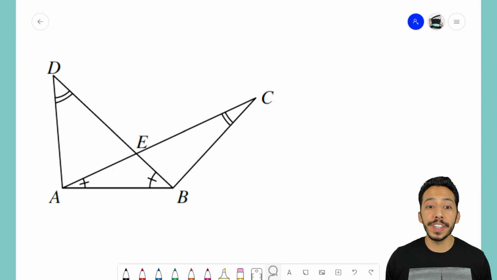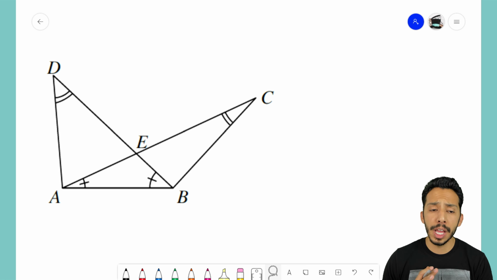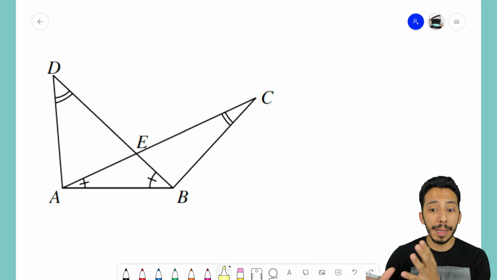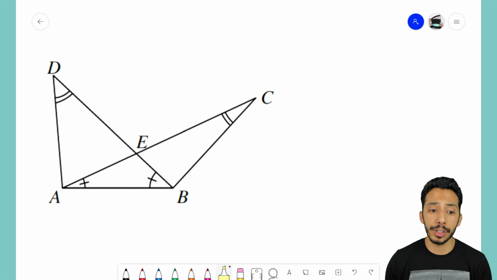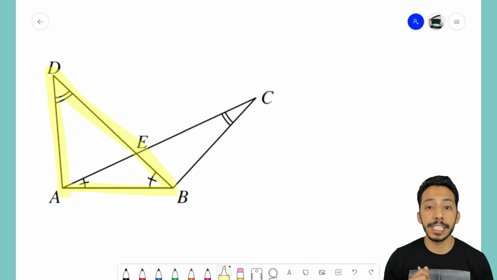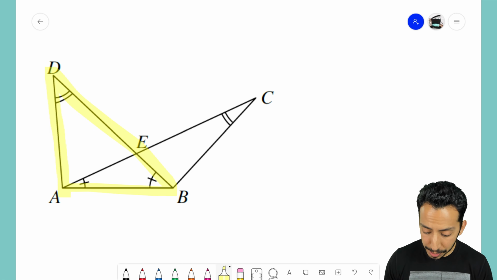So let's jump right into this video where I have two triangles sort of overlapped on each other, and we want to prove that they're congruent. Now first we've got to identify what those two triangles are, because it might be hard for some of you to see that in this diagram. Notice that the first triangle I have here is ABD. That big triangle right there is the first triangle we're looking at, ABD.